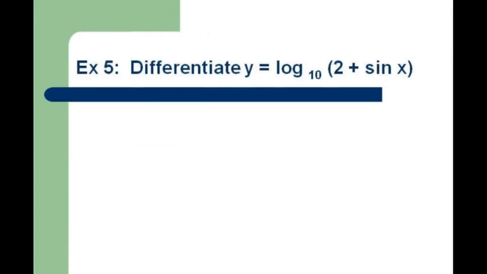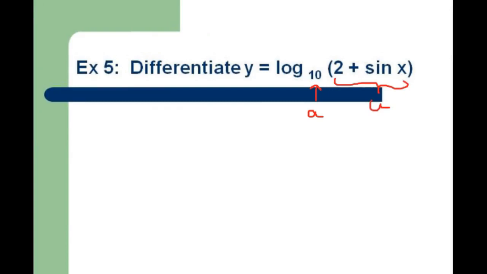So, if you have y equals the log base 10 of 2 plus sine x, we're just going to apply our rule. So the 10 is like my a. This 2 plus sine x is my u.